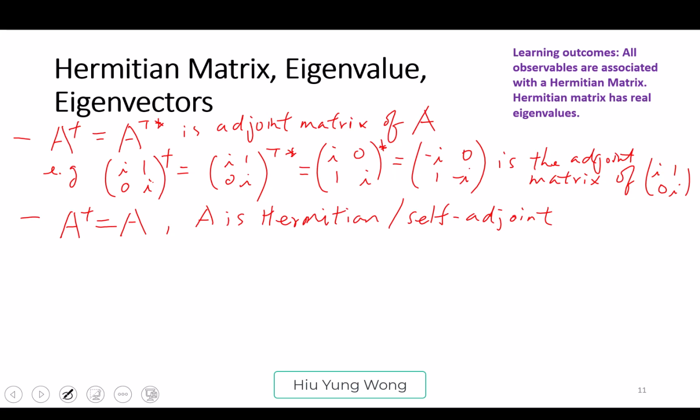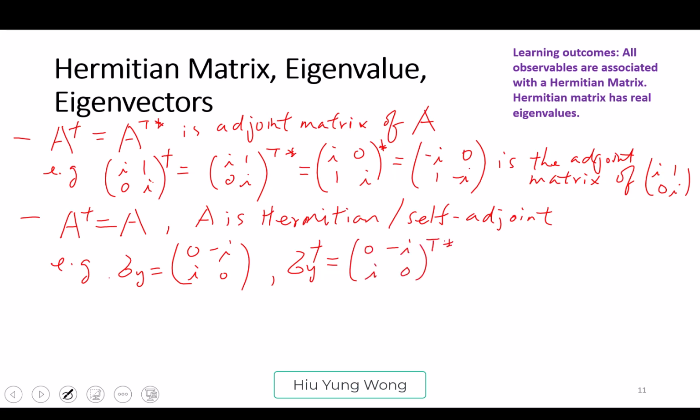For example, I have something called sigma y, which we're going to study later, which is 0, negative i, i, 0. What is the adjoint of sigma y? Well, first I do a transpose and then followed by the complex conjugate.